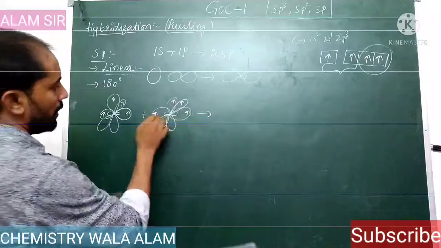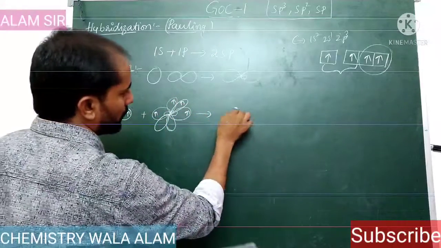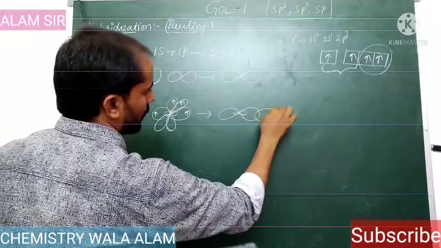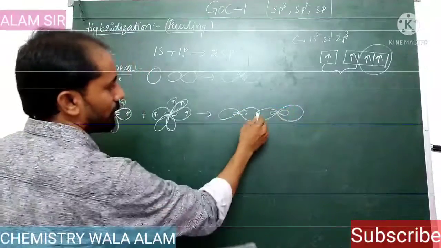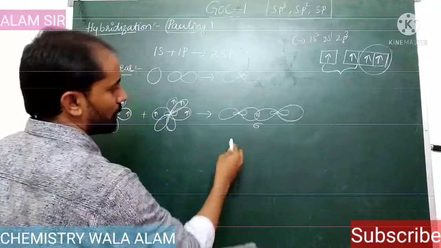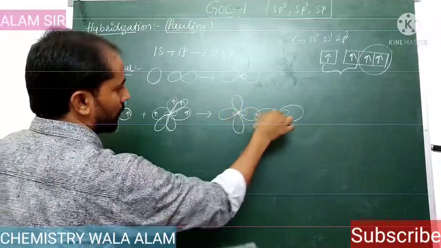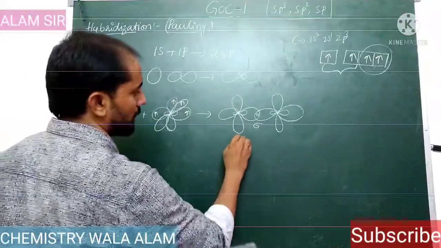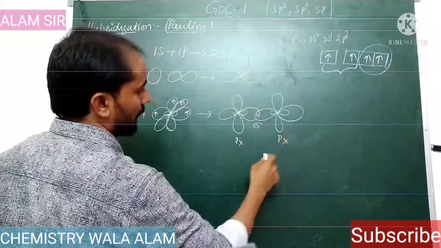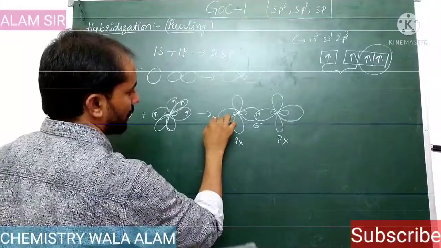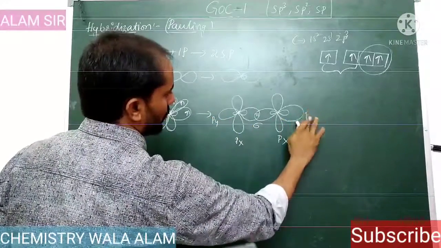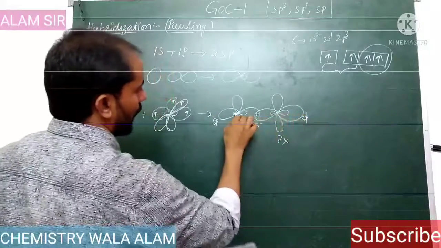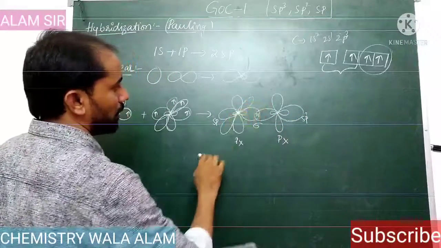By this, what happens? End-on-end overlapping gives a sigma bond. So here a sigma bond will be formed. Then, suppose this is a px, this is a px, and again this is the py, and this is also a py; these are the sp, and one more unhybridized orbital will be present.